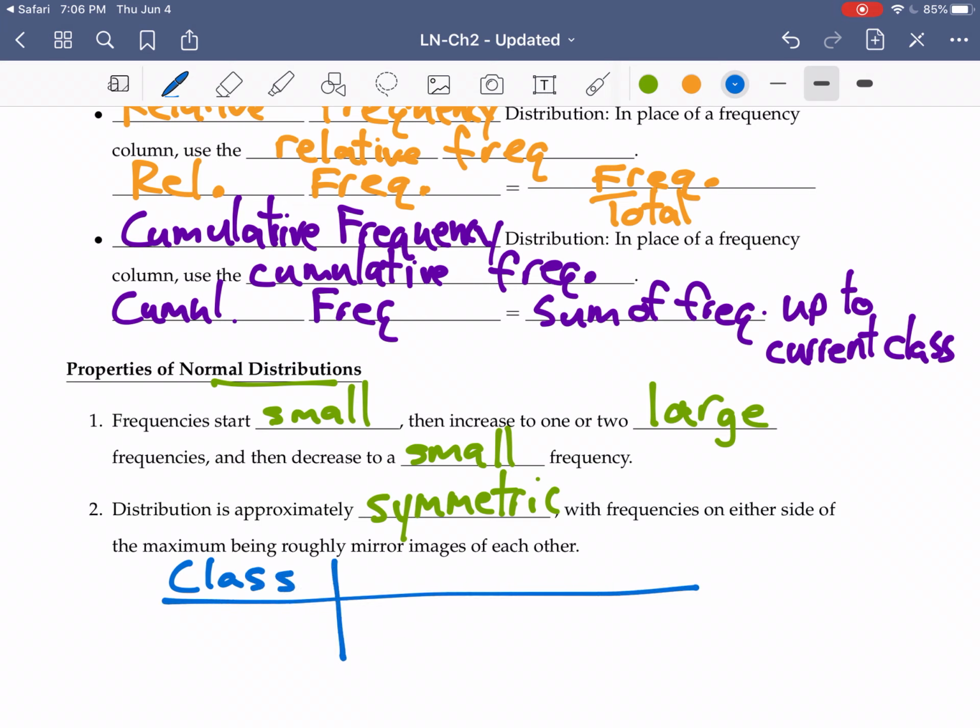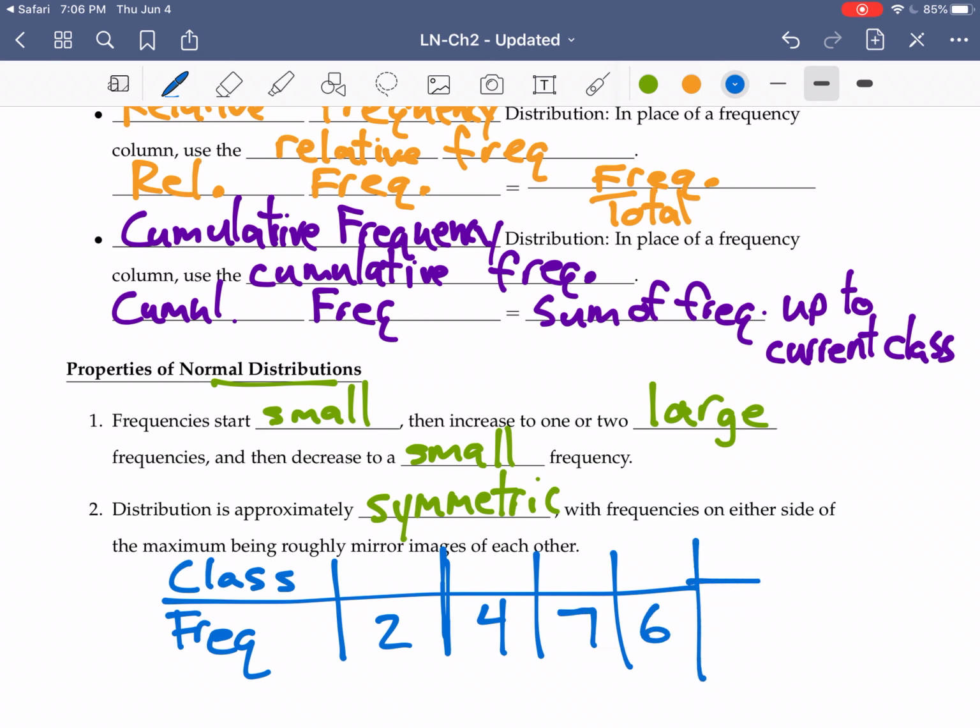I'm going to do this sideways, which you certainly can. So maybe our first class has a frequency of 2, and the next class has a frequency of 4, then 7, and 6, and 4, and 3.